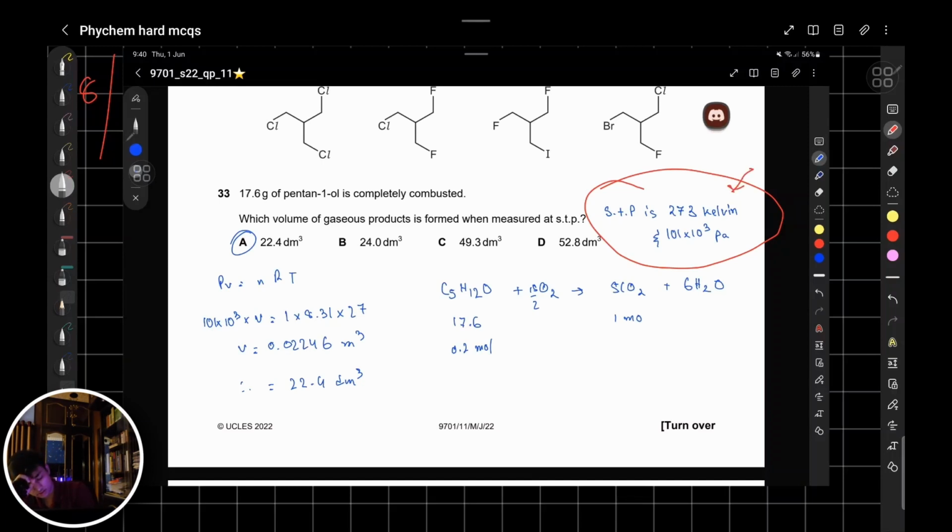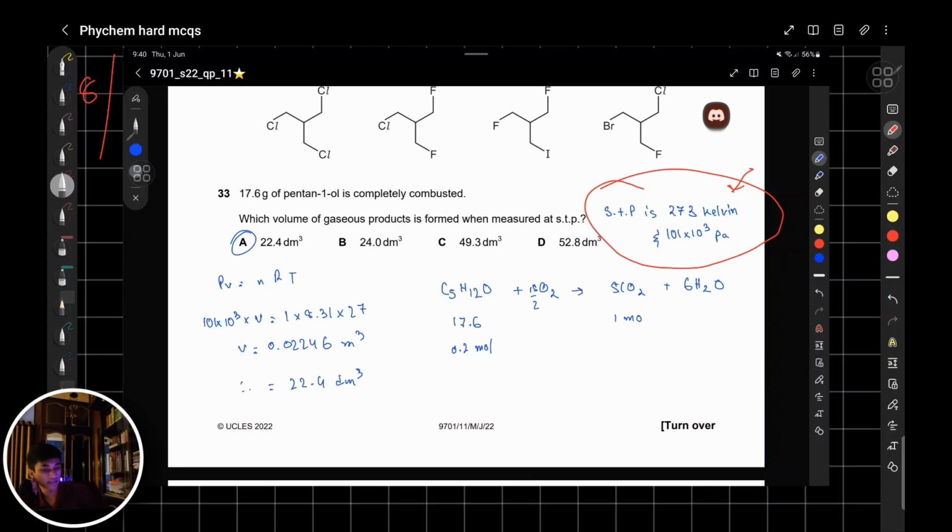Is it 273? 298? Let me check. Okay, so it is 273 Kelvin. 298 is for room temperature, I guess. So 101 times 10 to the power 3 Pascal is the standard pressure.